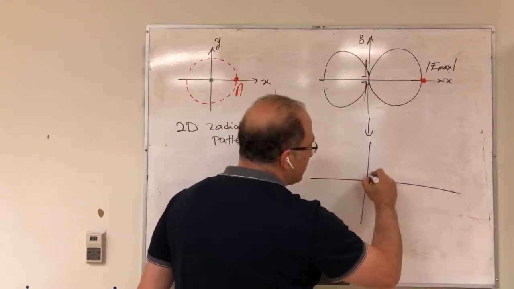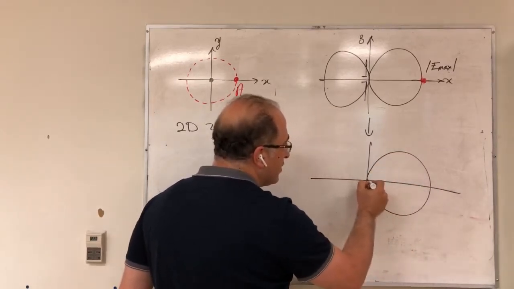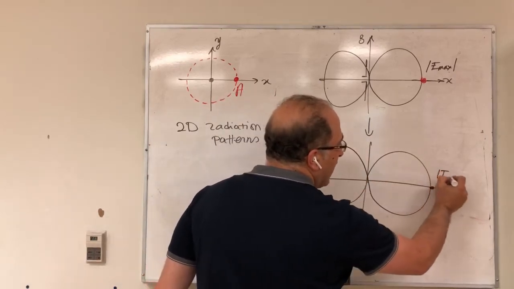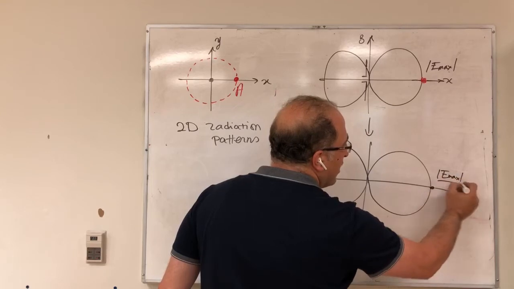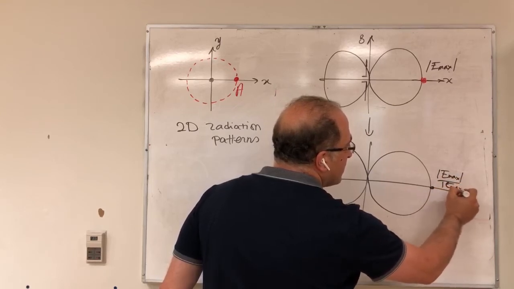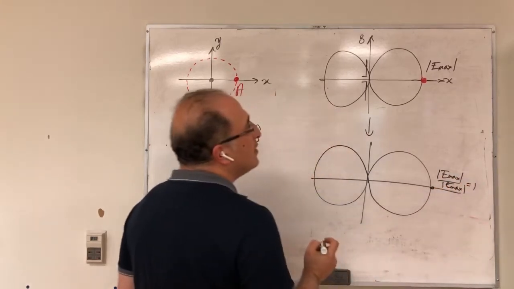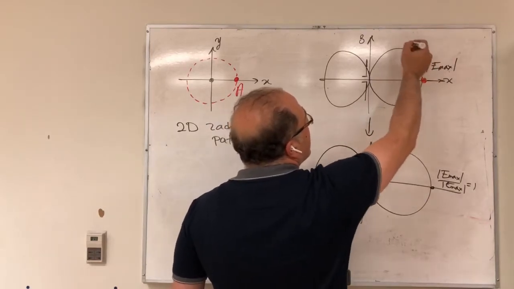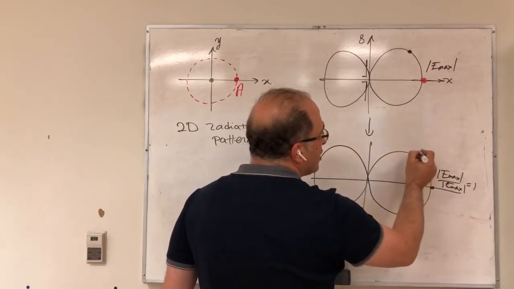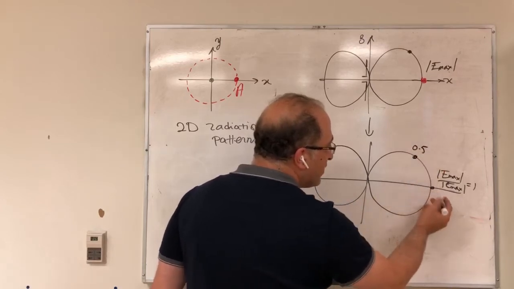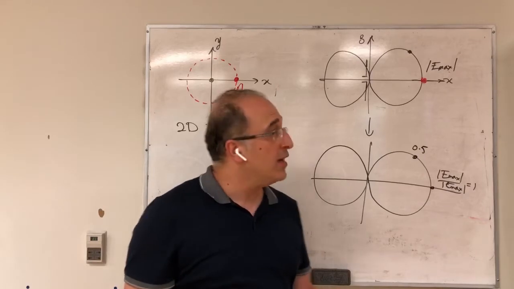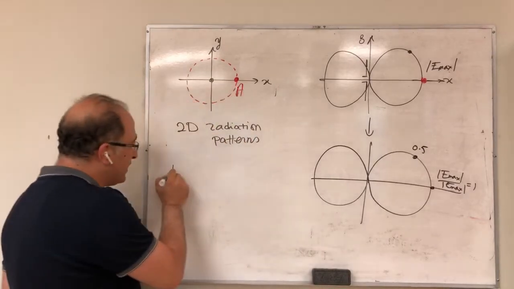So now you get the same thing, but this time this would be Emax divided by Emax, and it would be 1. And this point before was something else, but now it could be maybe 0.5. Everything would be smaller than 1 because you are normalizing it. So this is called a normalized radiation pattern.